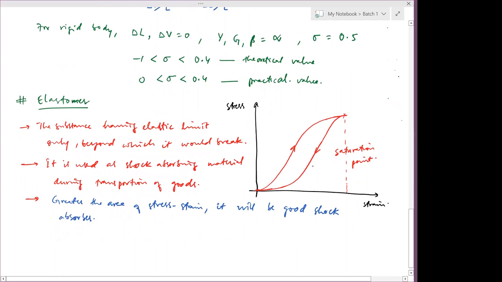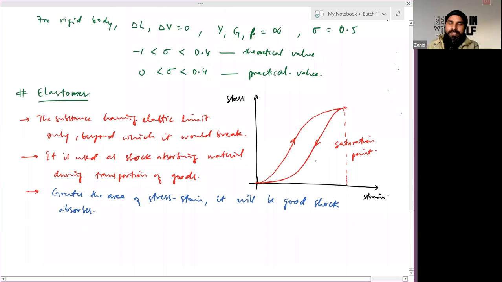Since in this particular graph, the rate of increase and rate of decrease for stress and strain is not the same. Let me define it. Suppose you draw a horizontal line. On expansion, strain is up to this part, but on contraction, strain is this.